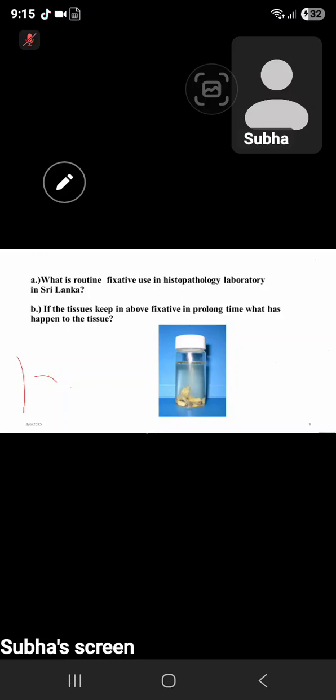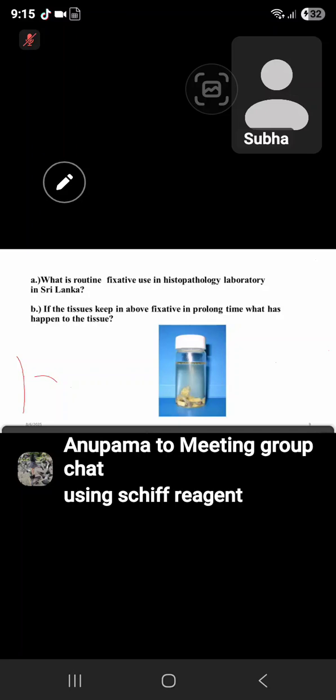After preparing the 10% formalin, generally you have to check the quality. Using Schiff reagent?